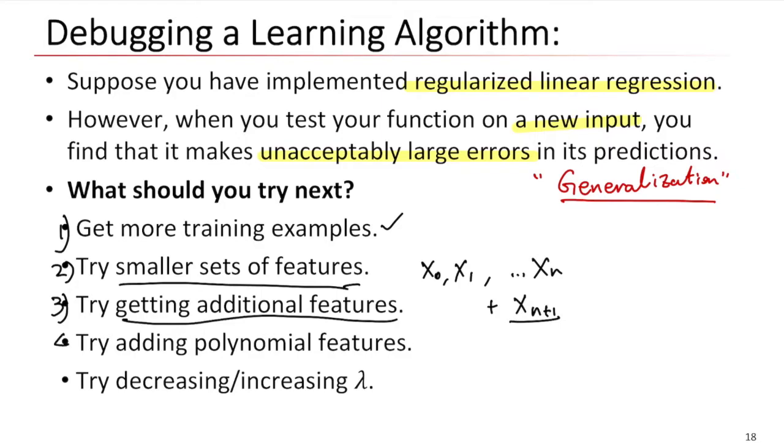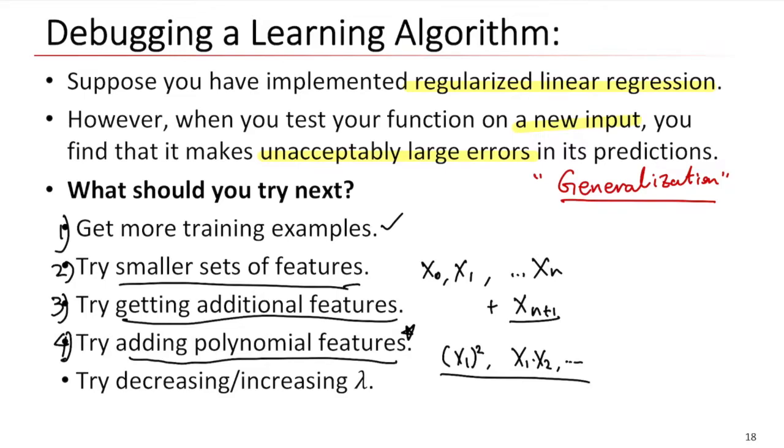Another thing we can do is try adding polynomial features like x0 squared, x1 times x2, something like that. By using polynomial features, we can improve the model capacity or model complexity.